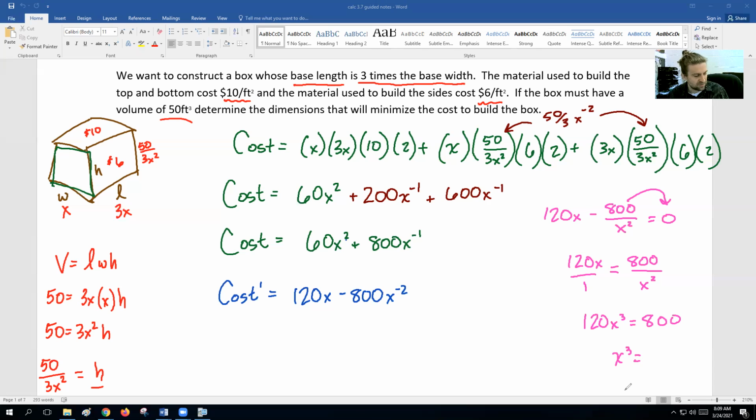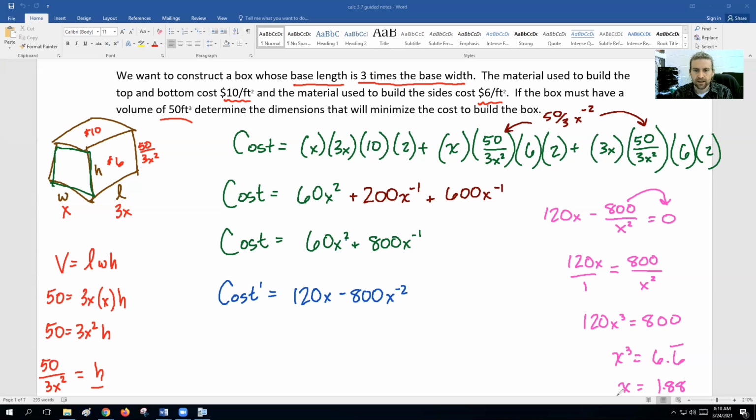So when does x cubed, if we take 800 and divide it by 120, would be about 6.6 repeating. And then we could take the cube root of that. The cube root, we don't have to worry about positive or negatives. The cube root of that would be about 1.88.